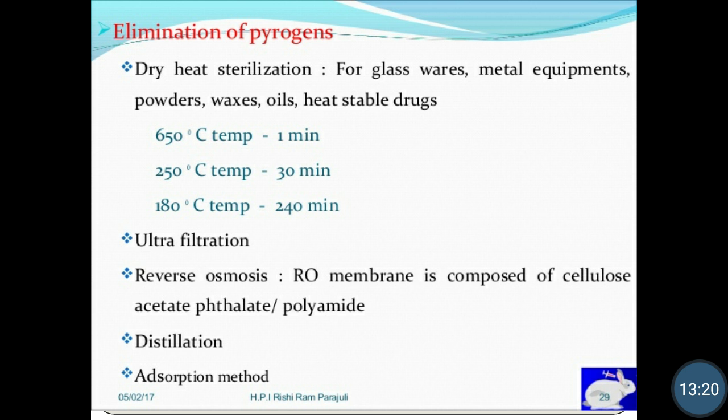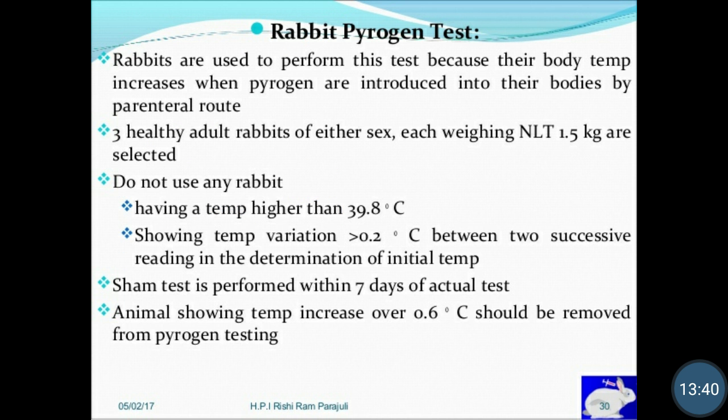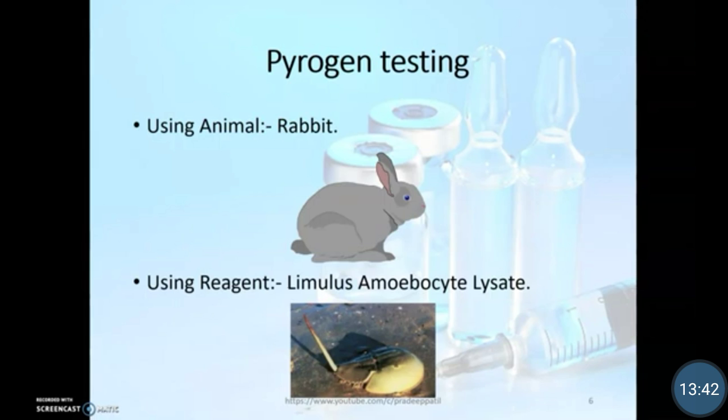So reverse osmosis membrane is composed of cellulose acetate phthalate or the polyamide, or the distillation process is done, or the adsorption method is done to remove the pyrogens. Okay, so we have seen what is pyrogen, what are the different biological properties of the pyrogens and how they are eliminated by the different types of sterilization.